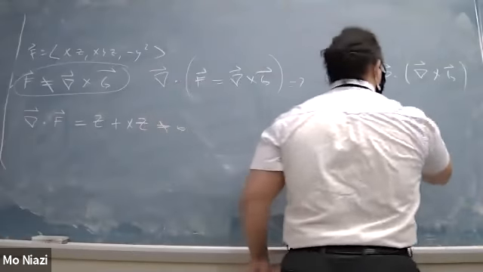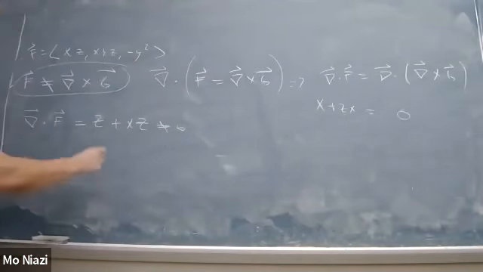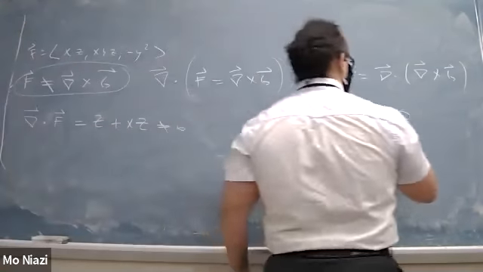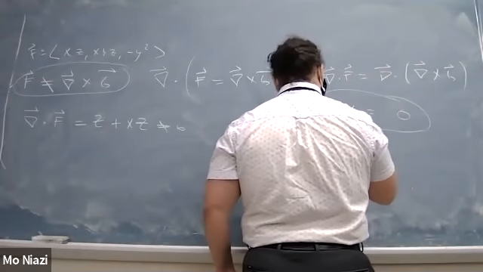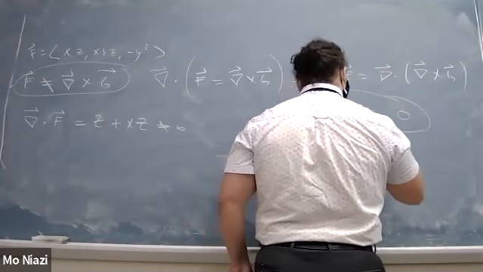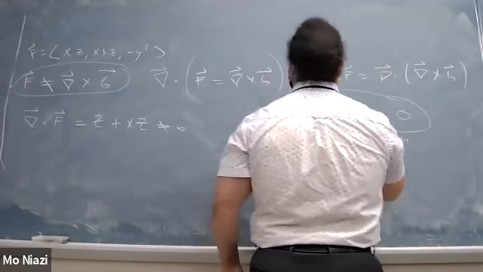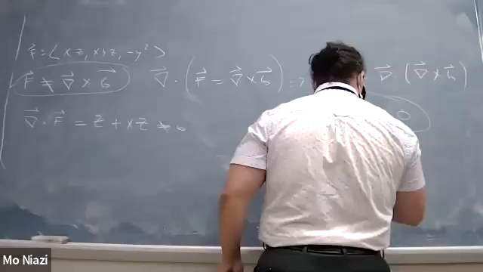So this becomes 0. But this is non-zero, so that's a contradiction. This equation is a contradiction. So this implies that this cannot happen because it messed something up logically.